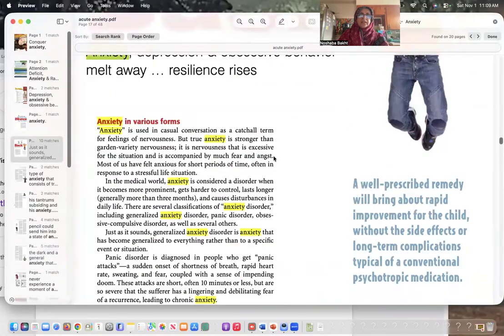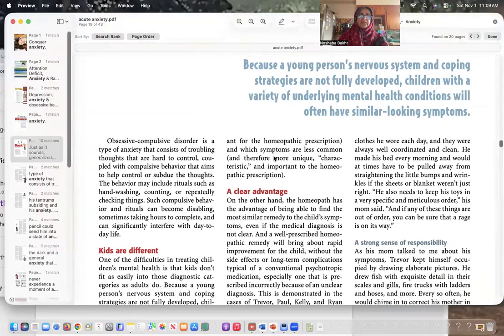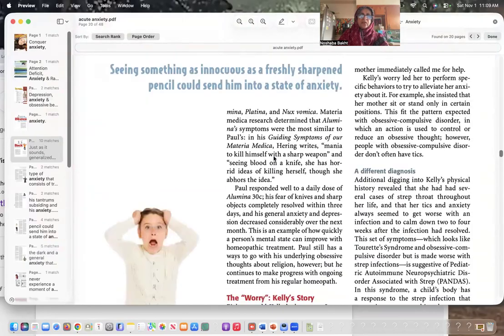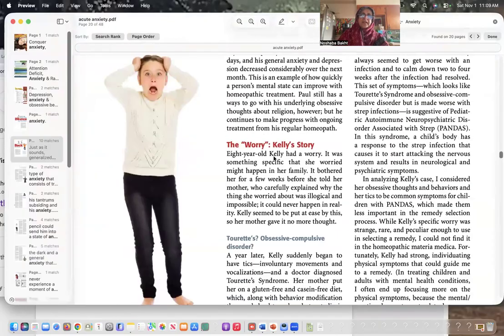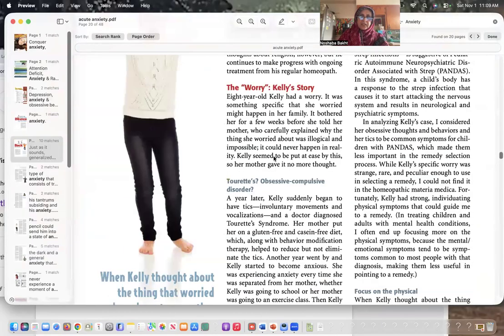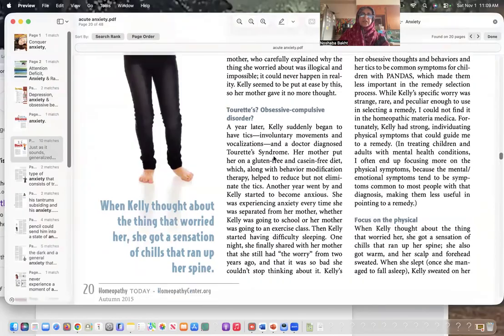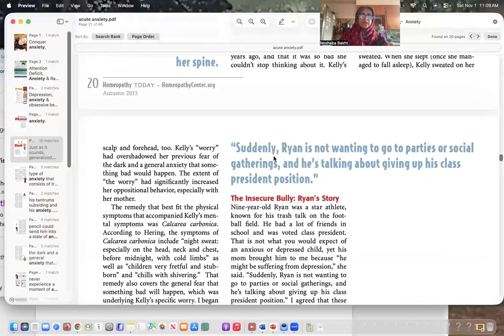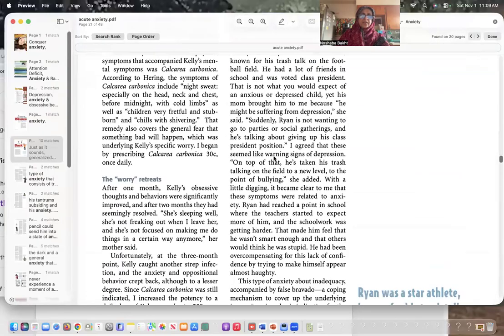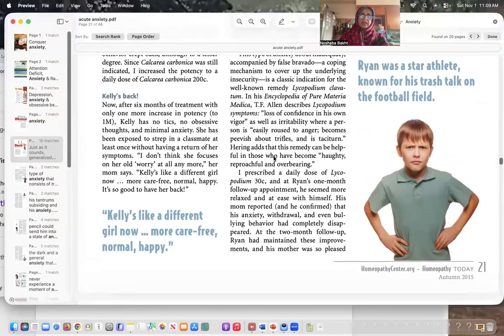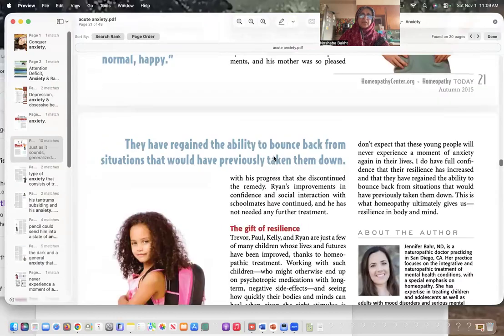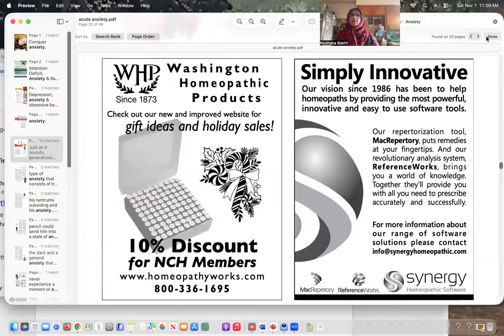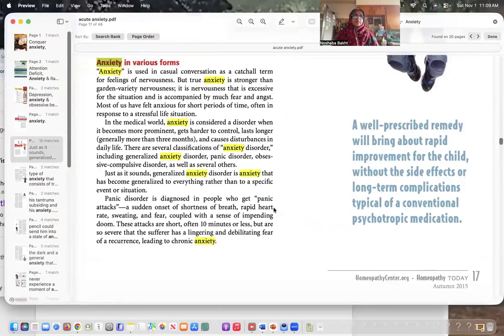We're talking about anxiety in children. Some children watch a movie and get so scared. The first remedy to start with, again open the door, is what? Aconite. Then you can go back and give another remedy, but you have to start with aconite.